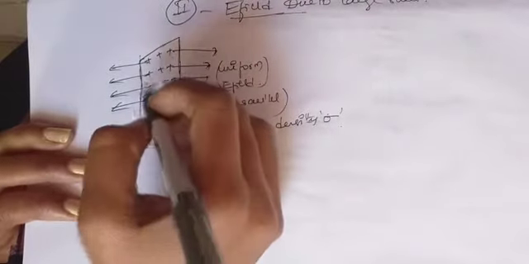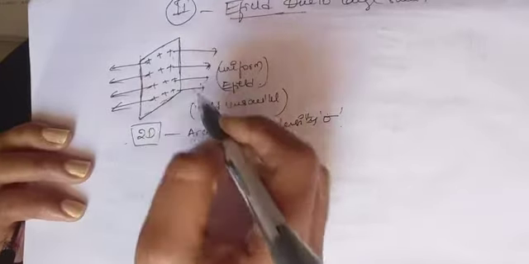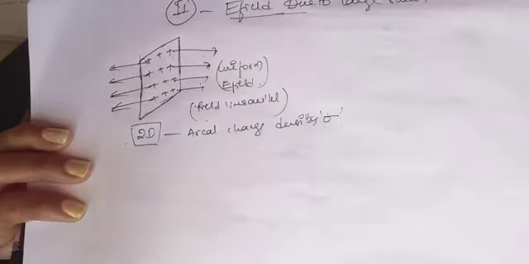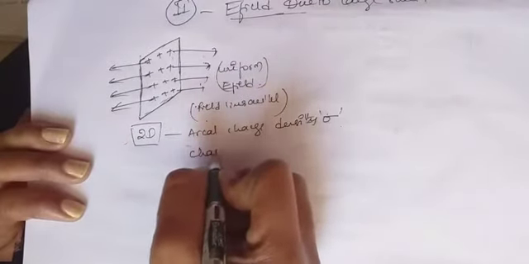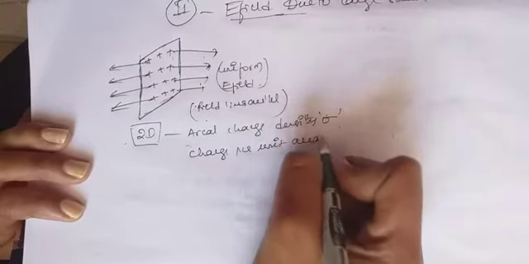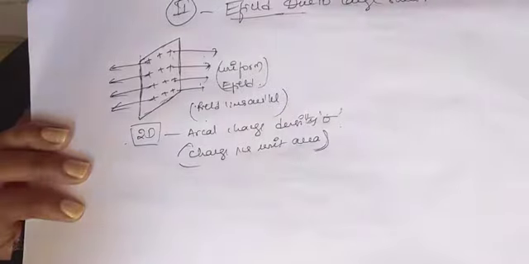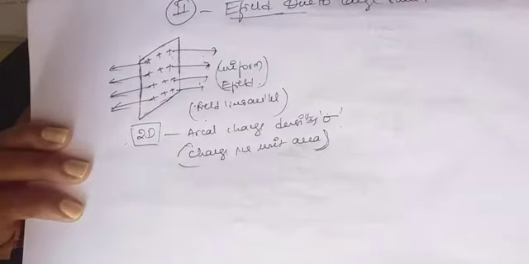The charge is distributed over the infinite sheet, so we use the term charge per unit area, which is the areal charge density. We are not using the term total charge. Why? Because the charge is distributed over the area, so we use the term charge per unit area.